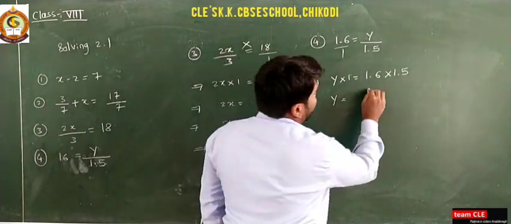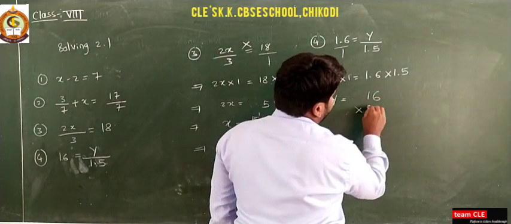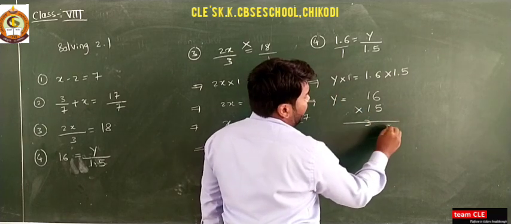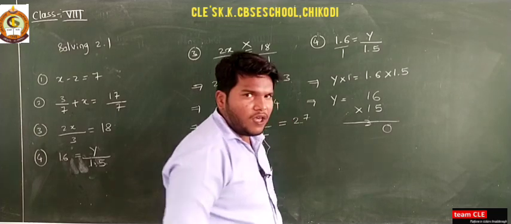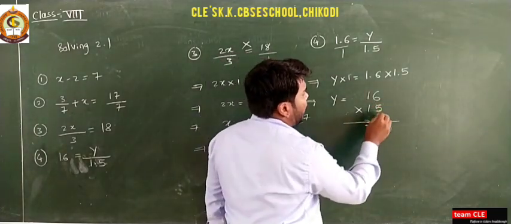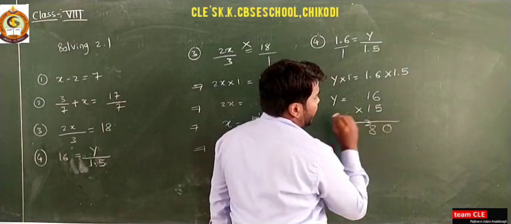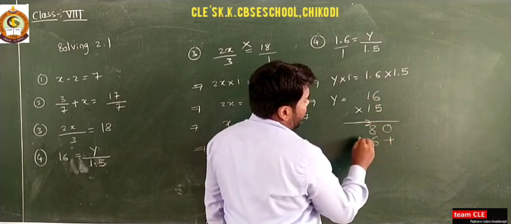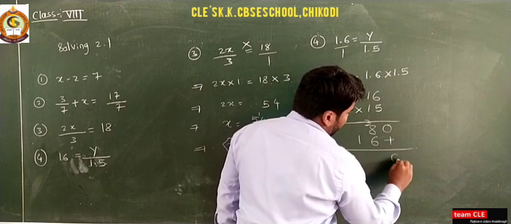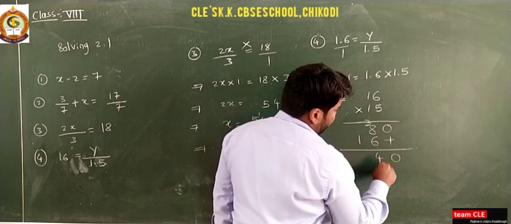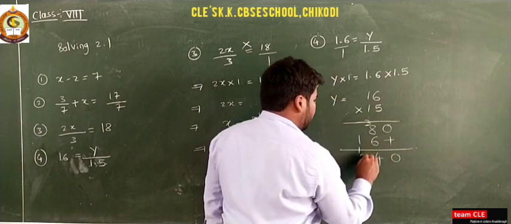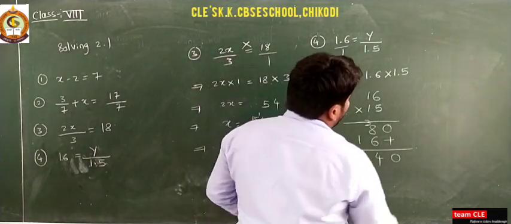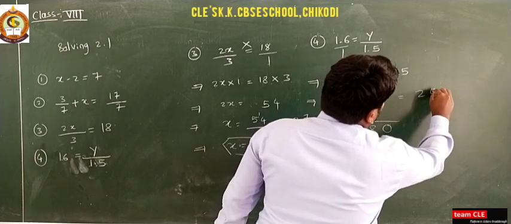First you do 16 into 15. 5 sixes are 30, 5 ones are 5, 5 plus 3 is 8, plus 1 six is 6, again 1 one is 1. So this is 0, 8 plus 6 is 14, 1 carry 1 plus 1, that is 240.